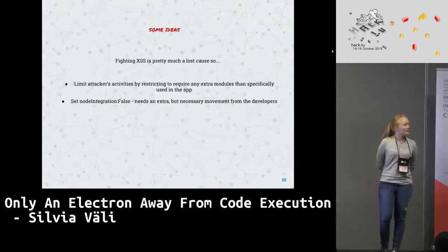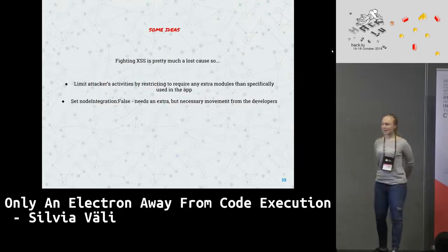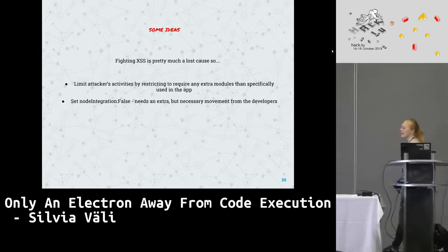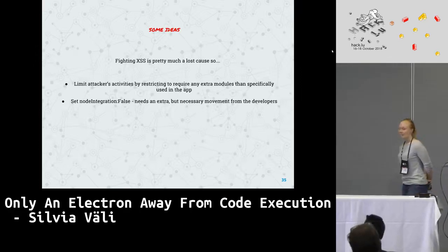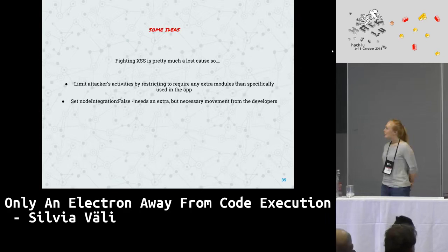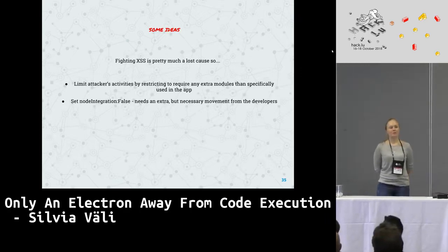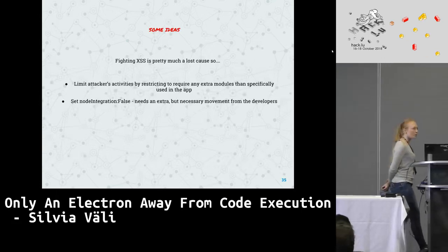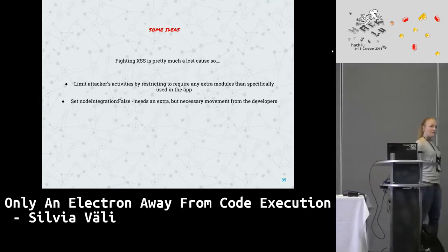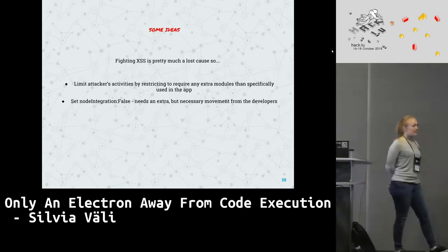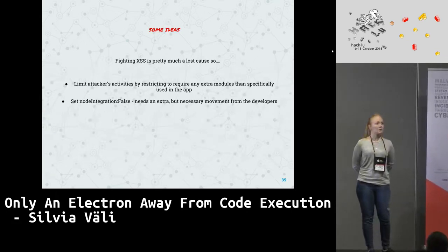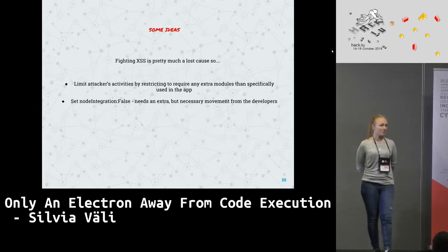And some ideas here would also be that, well, fighting against cross-site scripting vulnerabilities is already a lost cause. So what if we would change the framework, but to do it in a manner where, okay, maybe the application wouldn't work right out of the box because we would tweak some settings, but what if you would go ahead and turn node integration by default to false?